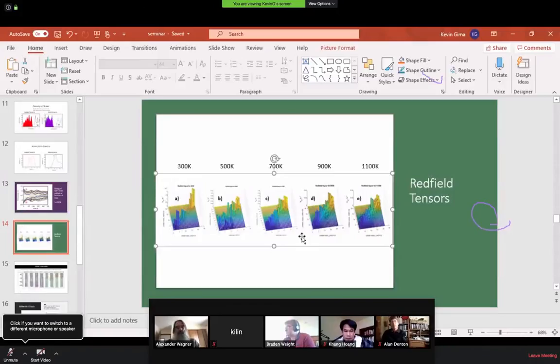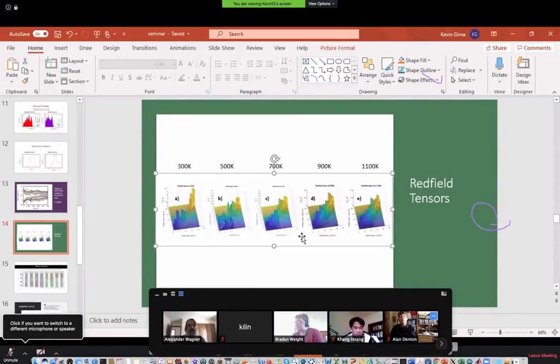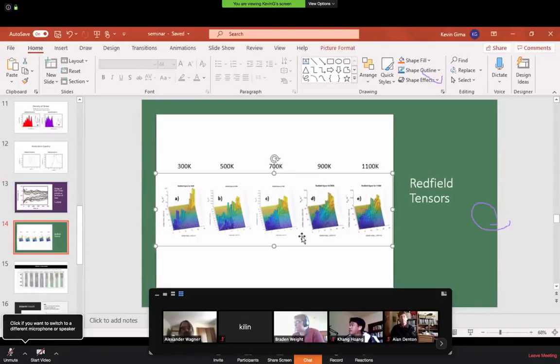So my best educated guess is that as the temperature increases, the electron gets more energy. That's my best guess. But yeah, I have to look into it more and discuss this finding with my colleagues.